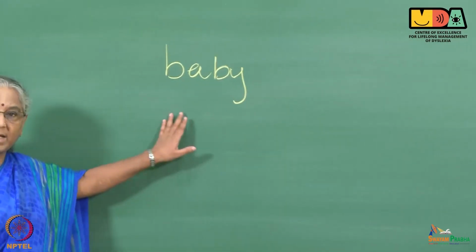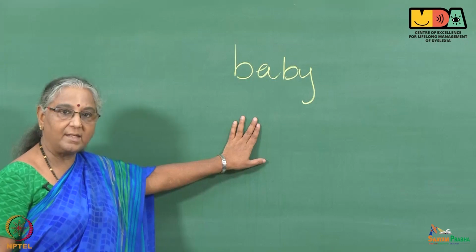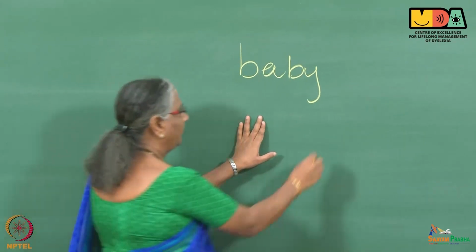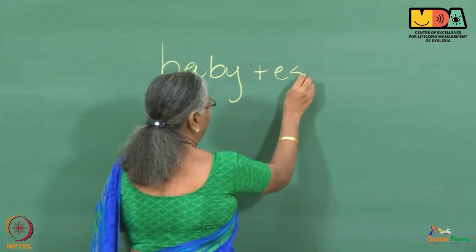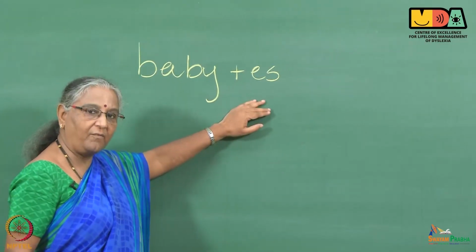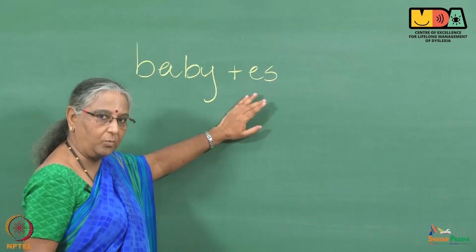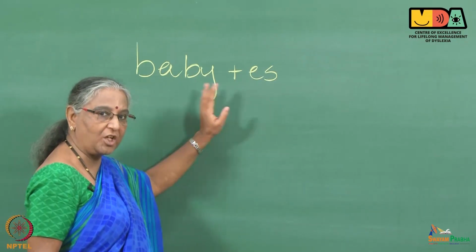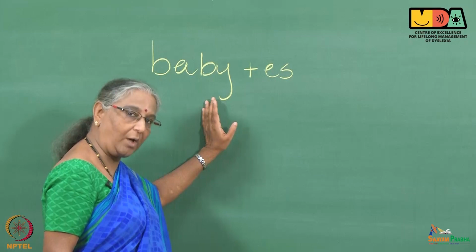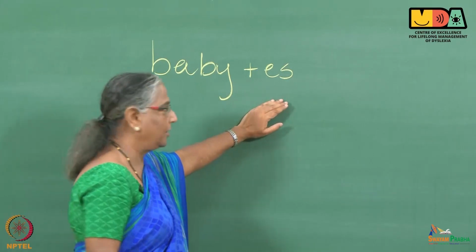You would like to make it into a plural and say babies. So, you are adding the vowel suffix es. In order to write the word, I am going to change the y into I and write the word.